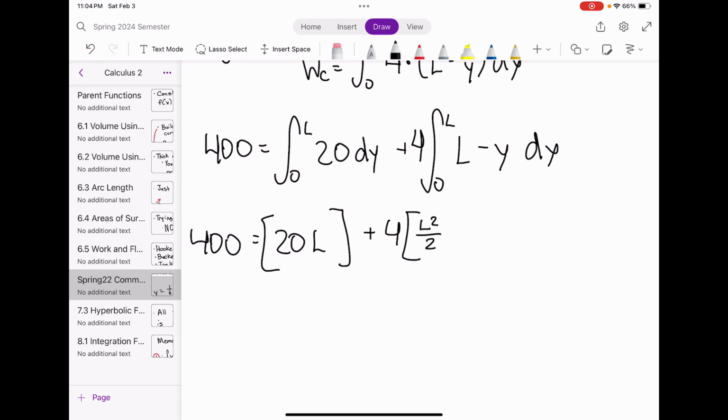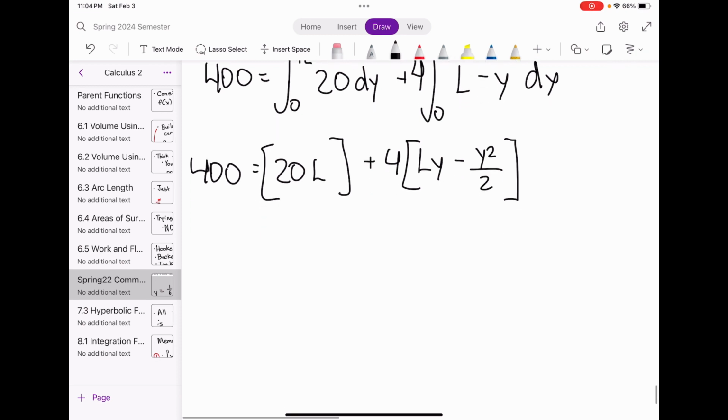What am I doing? Oh my god. Ly minus y squared over 2. And I think it's going to be a good idea just to divide everything by 4. So that's going to cancel out. That's going to become 5.